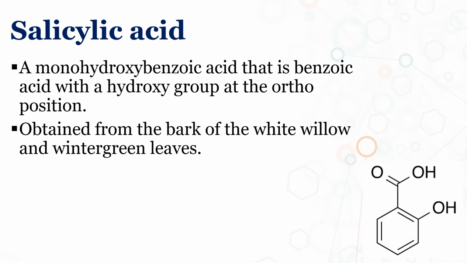This is actually obtained from the bark of the white willow and wintergreen leaves. Remember class, in our botany we memorize scientific names, right? Because most plants are sources of medications.